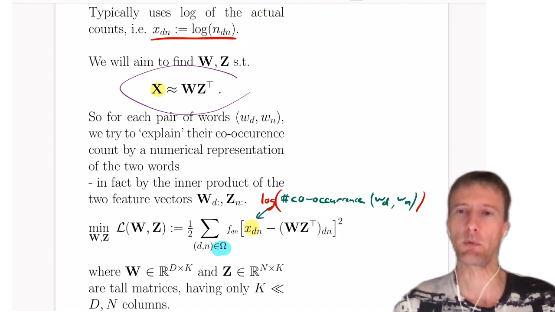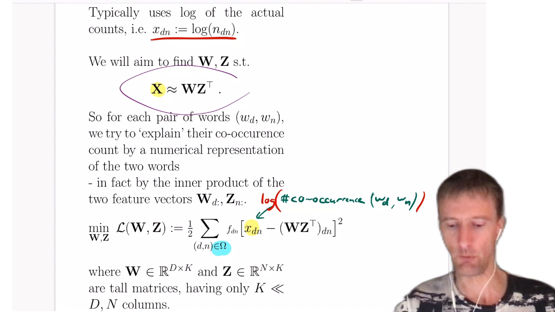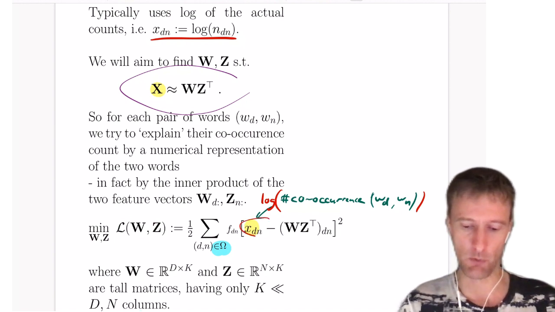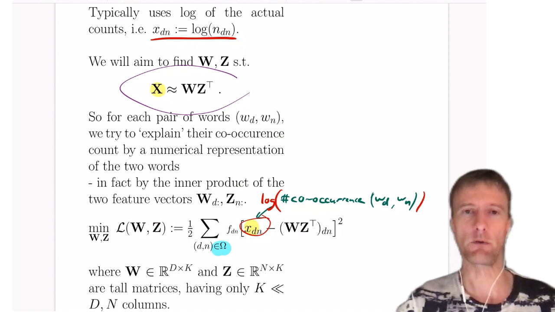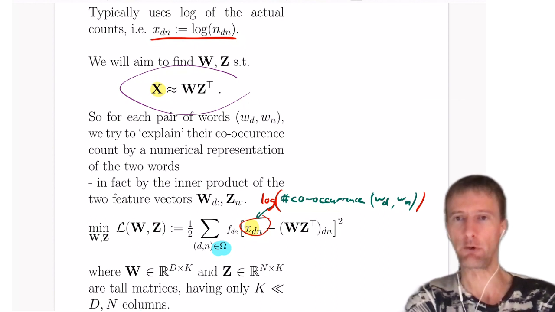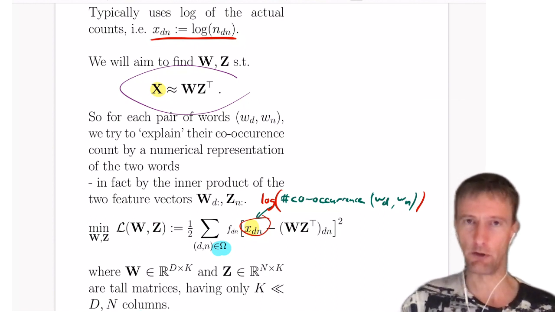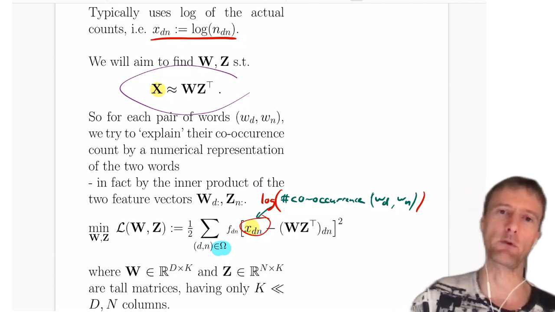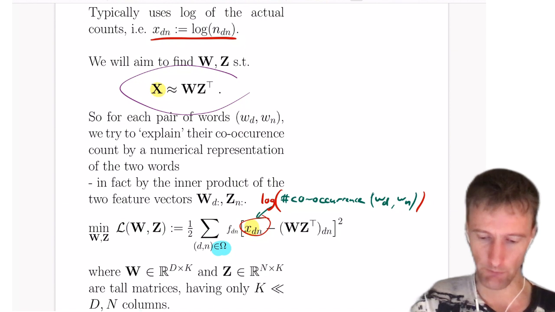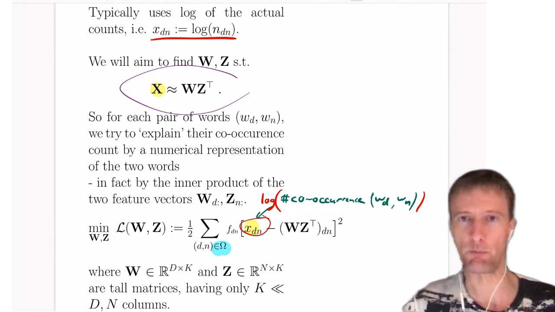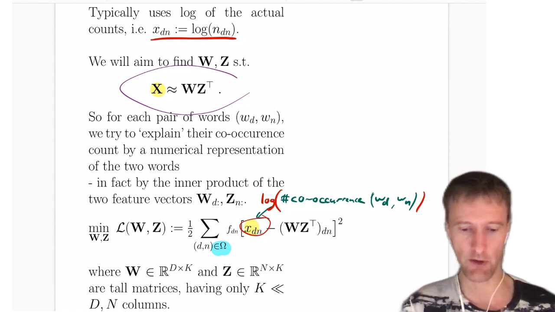It's just more natural, because you don't want to have 10,000 times more influence just because your word appeared 10,000 times instead of once. It's better to have the logarithm there, because it's still meaningful if the word appears together once or 10 times. So that's why we use this kind of feature transform before we define the data matrix X.